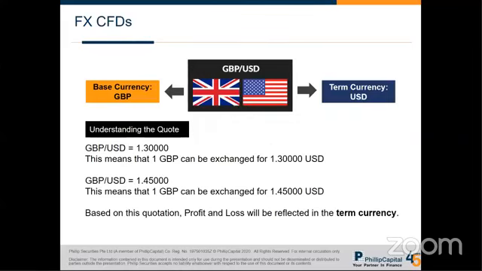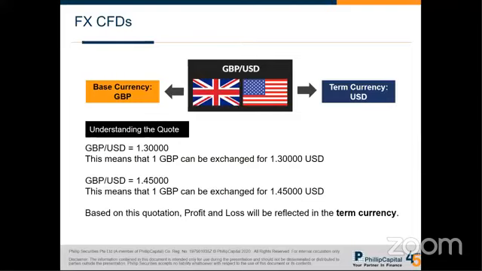So you need to understand the quote. If in the event this British pound against US dollar is 1.3, it means that £1 can be exchanged for 1.3 US dollars. With our familiar US dollar against Sing dollar, it means that $1 of US dollar can be exchanged for 1.33 or 1.32 of the Singapore dollar.